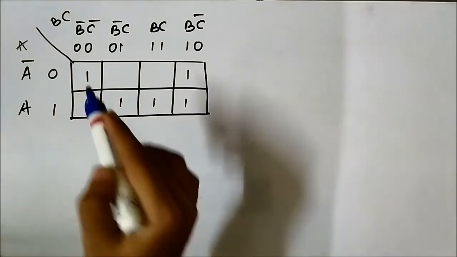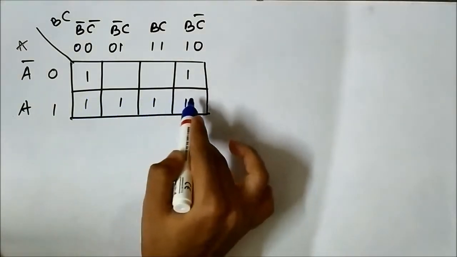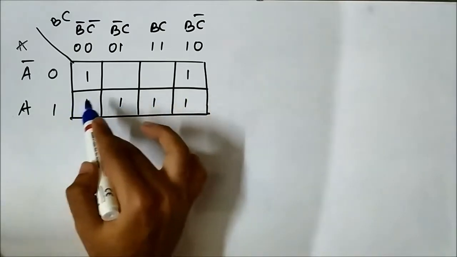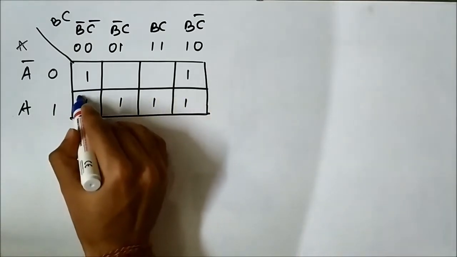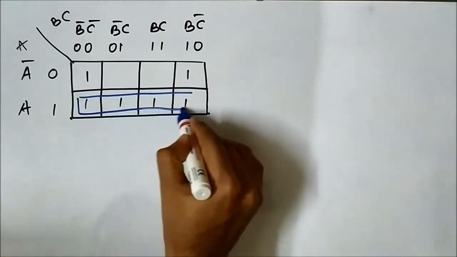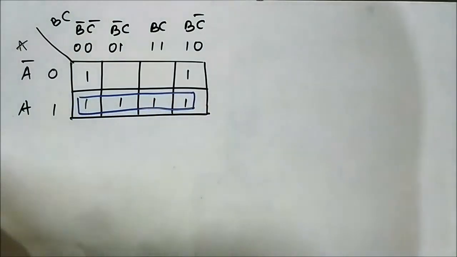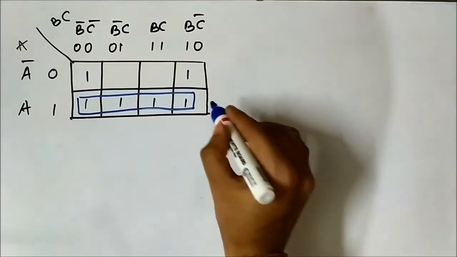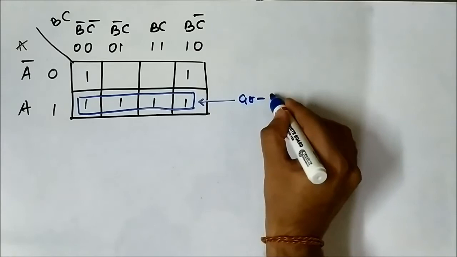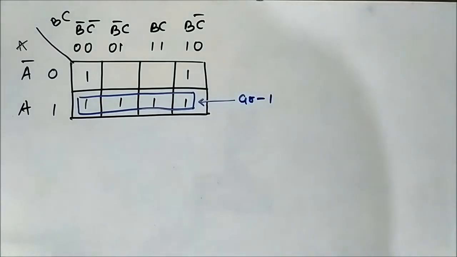Here you see these 4 cells that are marked as 1, they are in one line. So here we can form a quad. That is group 1, let's say.